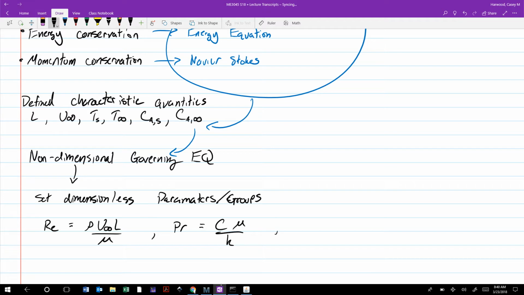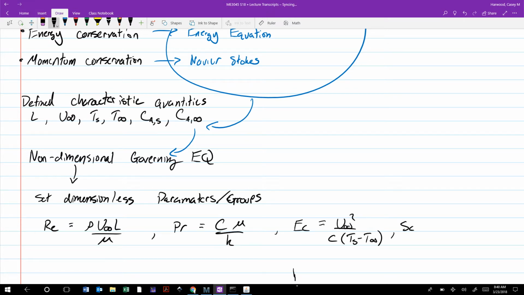The Eckert number, which is equal to u infinity squared over c times Ts minus T infinity.